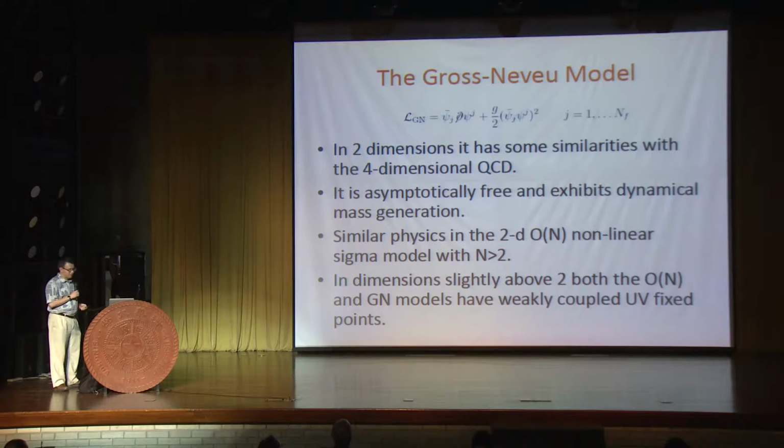Actually, it may not be totally obvious to you what this has to do with the Gross-Neveu model. Just to remind you, it's originally the model that Gross and Neveu introduced in 2 dimensions with this quartic interaction. We will think of these psi's actually as 4-component Dirac fermions, so you can write this in 4 dimensions, for example.